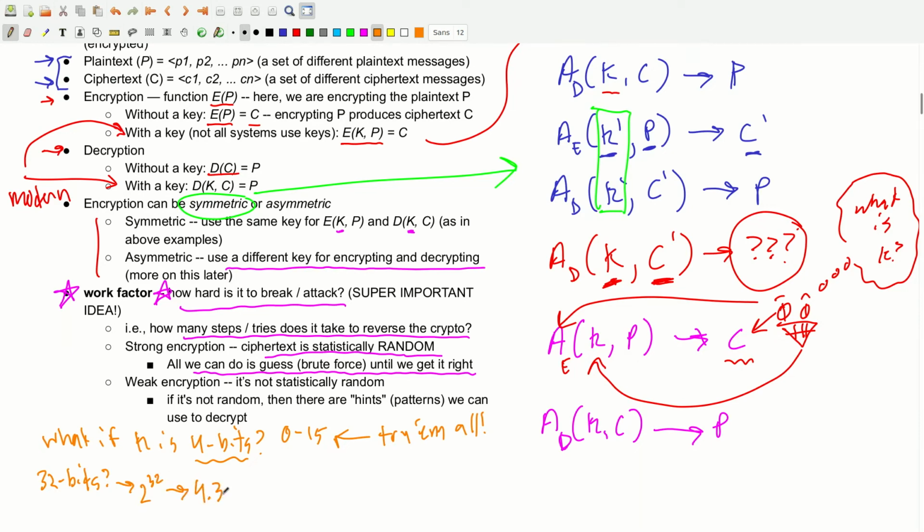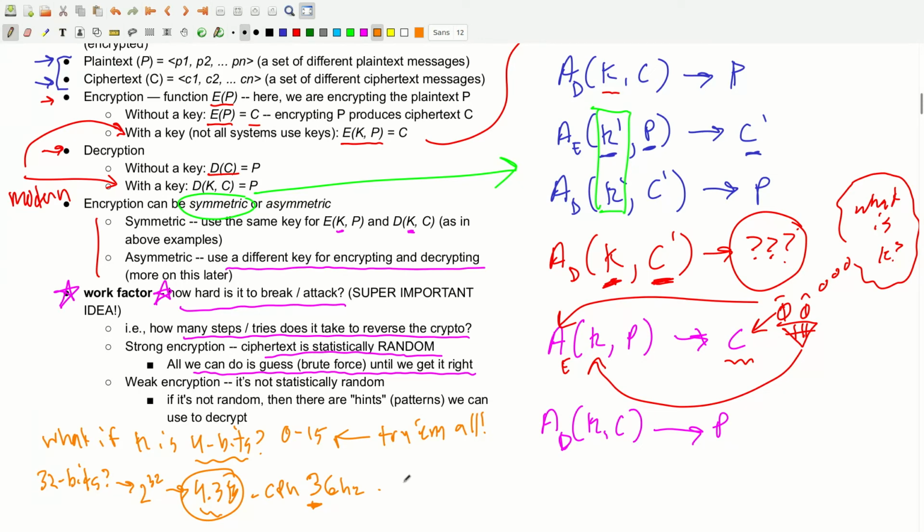That works out to be 4.3 billion keys. That seems like a lot, okay? But remember that a modern CPU is something like 3 gigahertz, right? So that means 3 billion operations per second. So actually, trying 4.3 billion keys isn't that impractical, right?